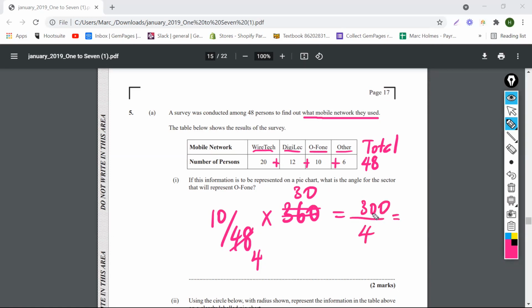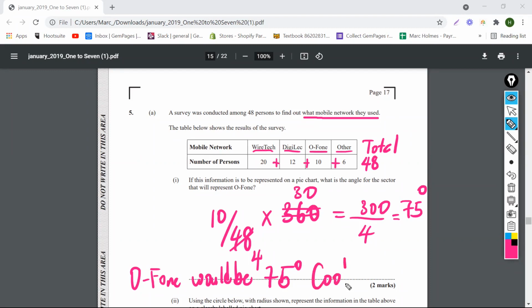And 300 over 4 is the same thing as 75. So it would be 75 degrees for the Ophone. Yeah, Ophone would be 75 degrees.